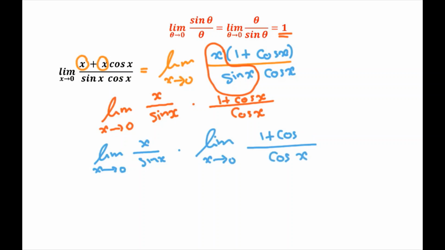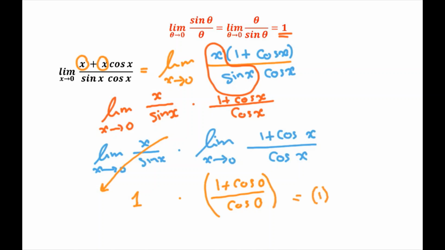Okay, now we all know that this is going to be 1. Here we are going to plug in 0, so it's going to be 1 plus cosine 0 over cosine 0, and that's going to be equal to 1 multiplied by 2, and the final answer is 2.